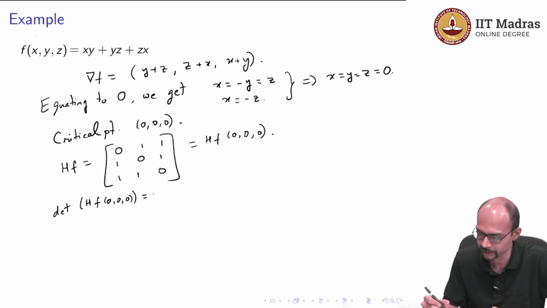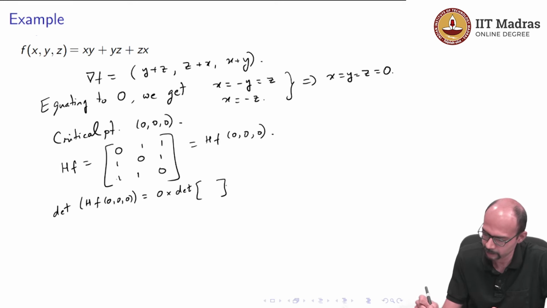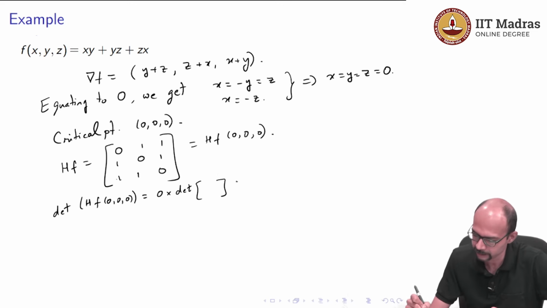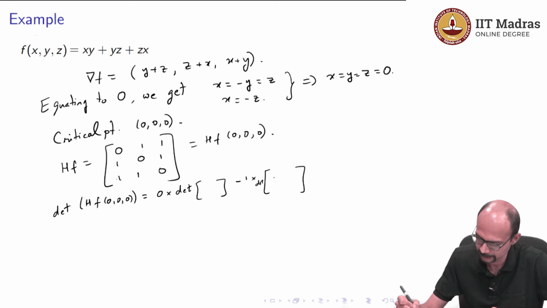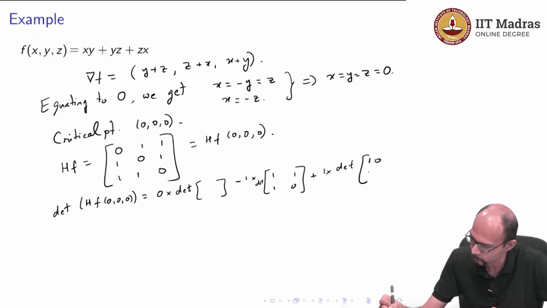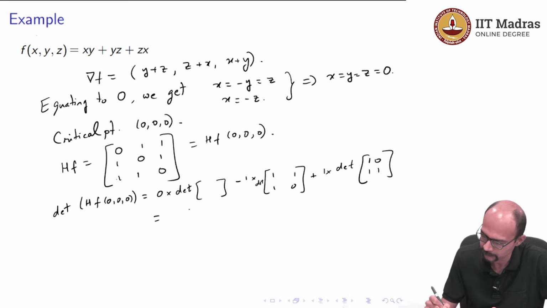Okay. So, if we do our determinants, this is 0 times the determinant of the minor, minus 1 times the determinant of [1 1; 1 0], plus 1 times the determinant of [1 0; 1 1].